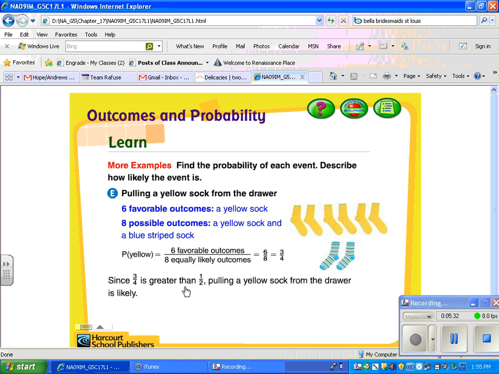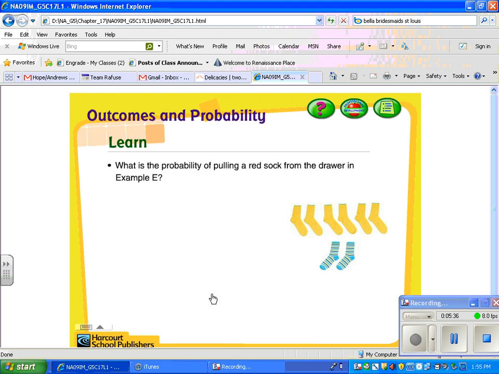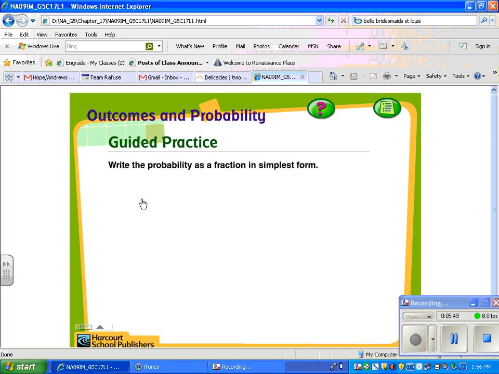Since 3/4 is greater than 1/2, pulling a yellow sock from the drawer is likely. What's the probability of pulling a red sock from the drawer in this example? You're right, there are no red socks, so that means that there would be 0 chance of this happening, which means that it would be impossible.